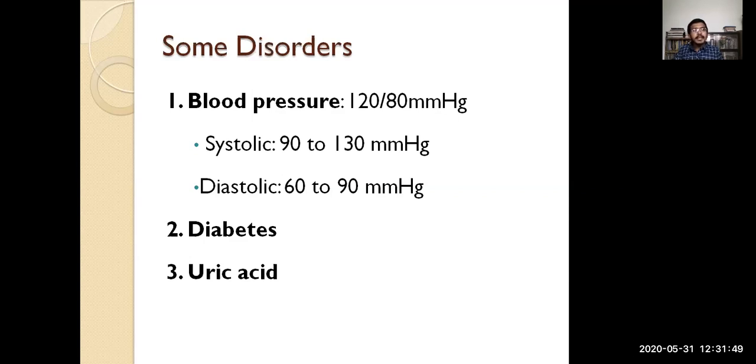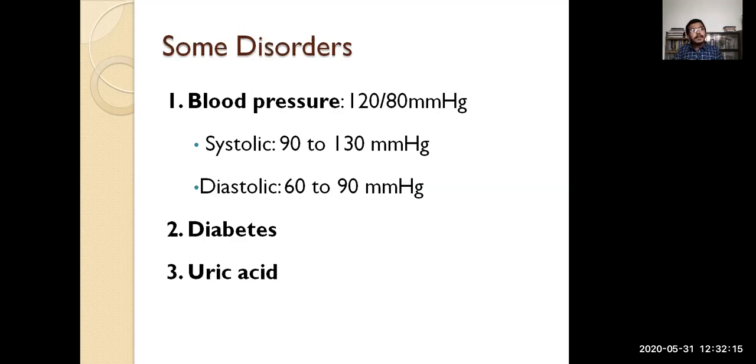Diabetes is a condition where the beta cells of the pancreas produce insulin, and this insulin is responsible to convert the excess amount of glucose of our blood into glycogen and store that glycogen in the liver, and use that glycogen during the time of starvation or hunger.